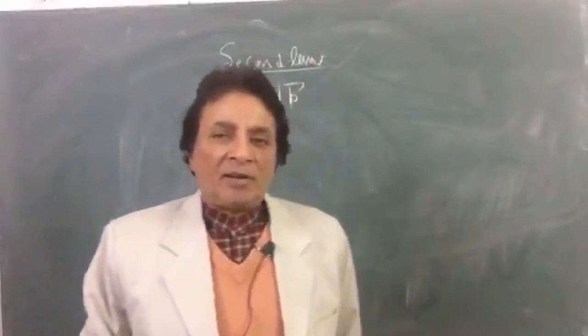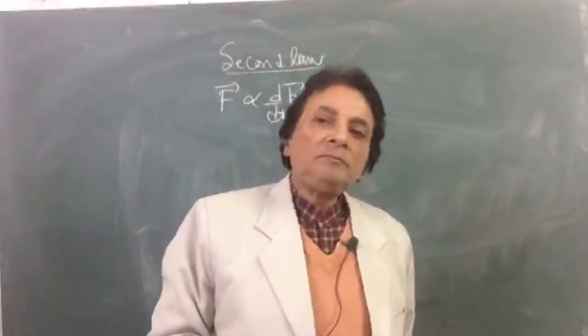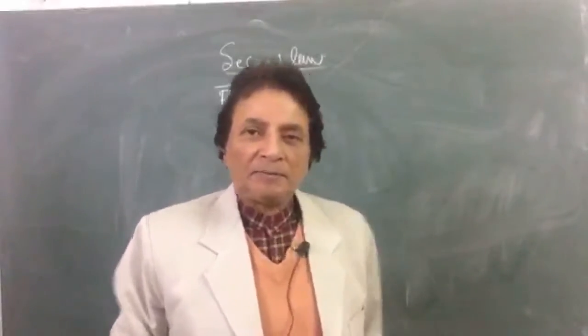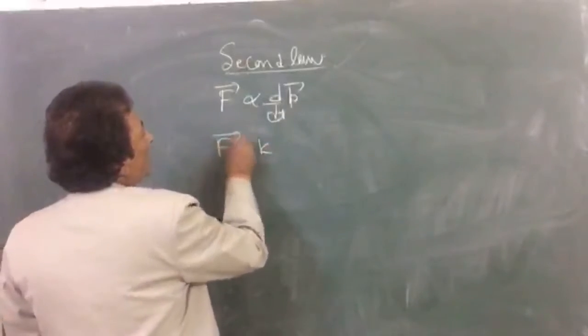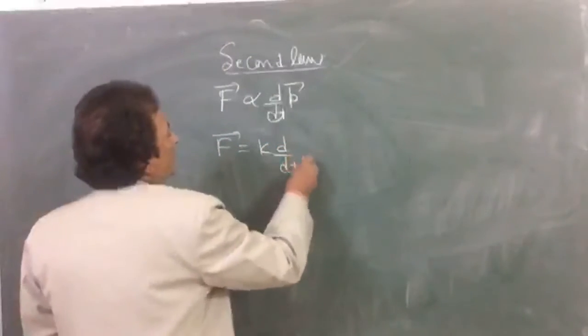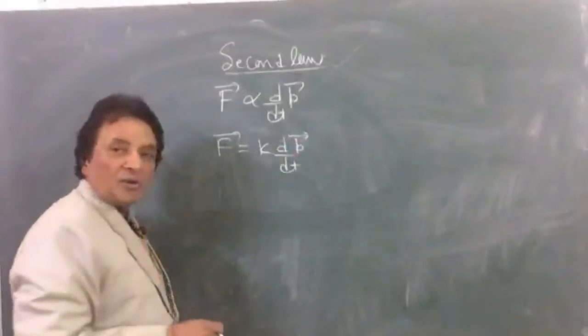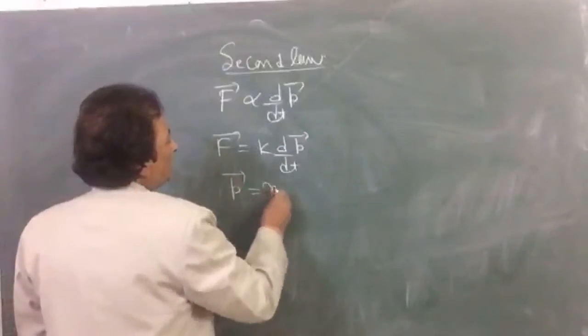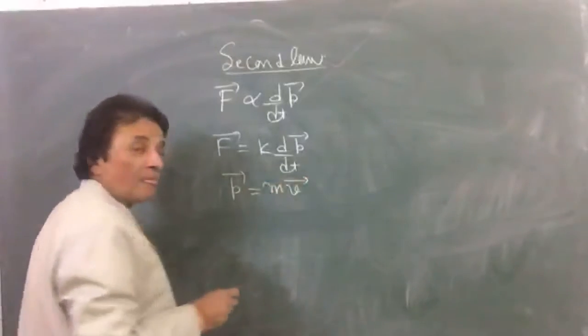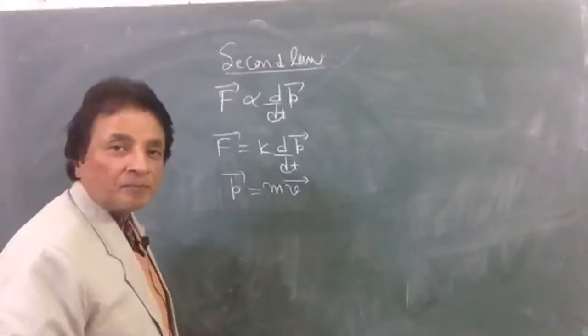F is directly proportional to dP/dt, or F is equal to K times dP/dt. What is P? That is mass into velocity.